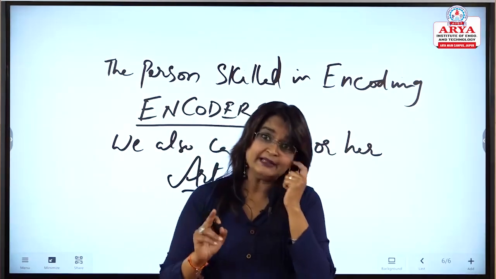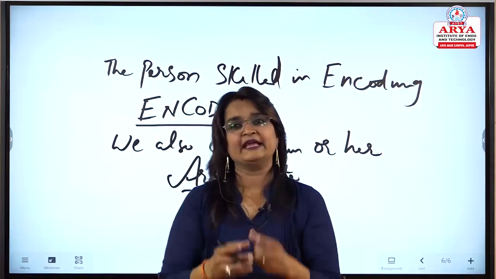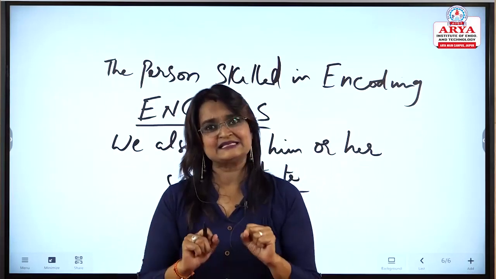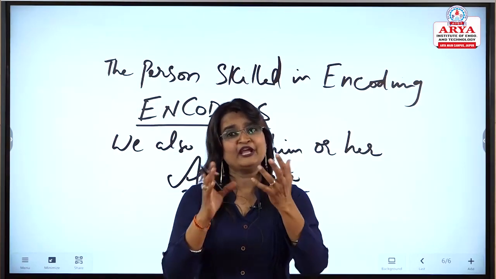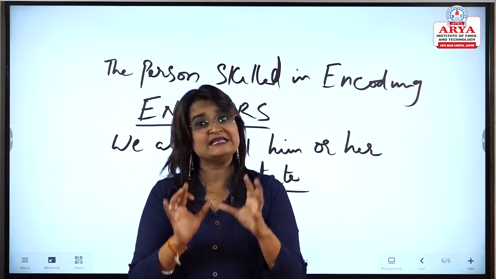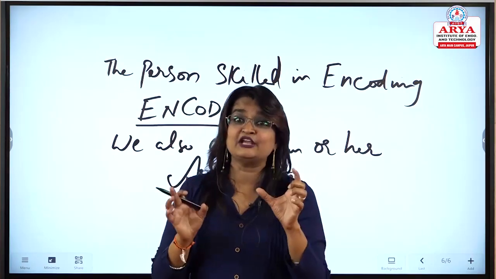What is articulating? The person who is encoding is framing a sentence, selecting proper words and putting it forward to you. So the person is articulating it. So they are articulators because they are articulating.